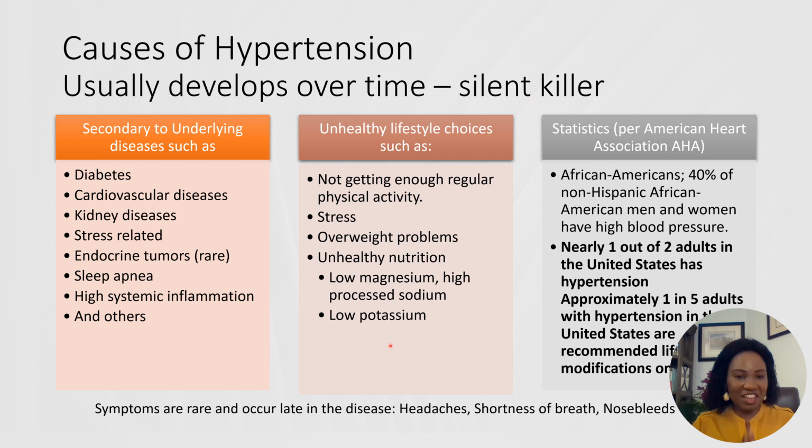Now, we're very interested in unhealthy lifestyle choices being the underlying cause of hypertension. Now, let's look at that. Not getting enough regular physical activity is a huge one, right? Let me explain why. Physical activity or exercise or movements, right?